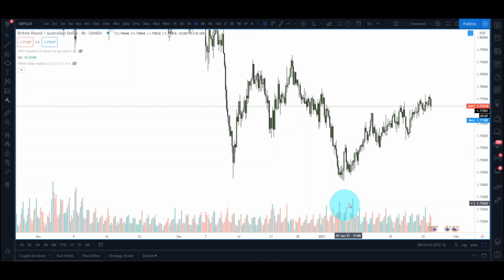That means orders were being placed at a larger capacity within that time and within that price, which is around 74.50. We got 74.20, 74.50, a hot zone for banks and institutions.